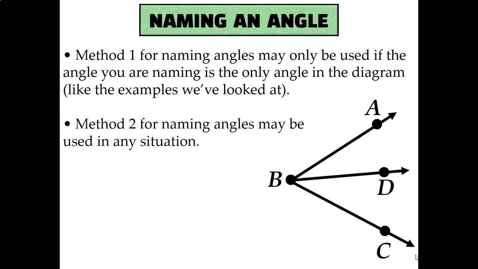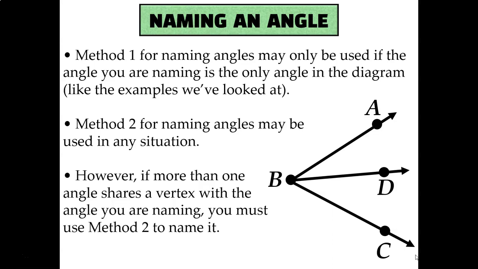However, if it's a situation like what you see on your screen now, that there's more than 1 angle coming from that vertex, then you have to name it with all 3 letters. If I just say angle B, it's not clear which angle I'm referring to in this diagram. So you have to be specific and call it angle ABC or angle DBC or whichever one it is that you're referring to.